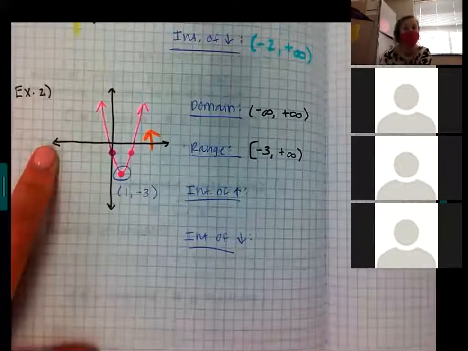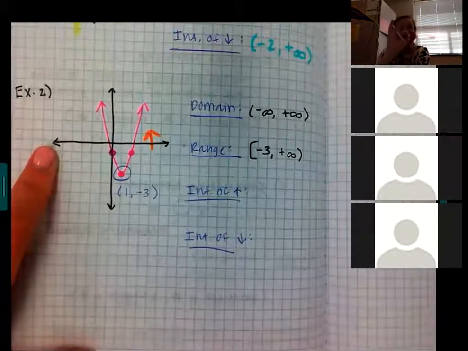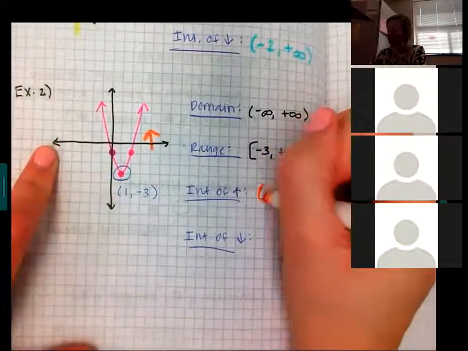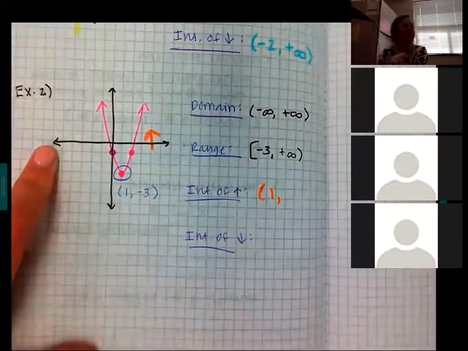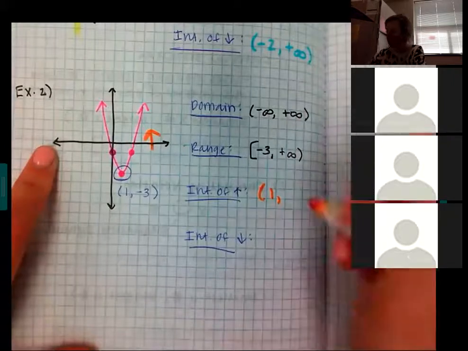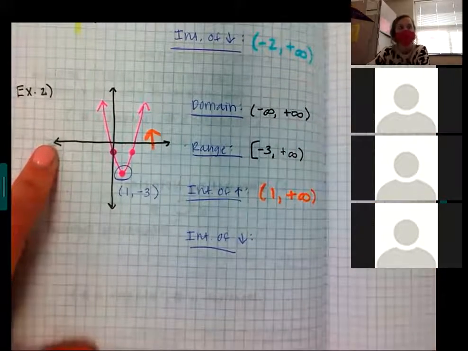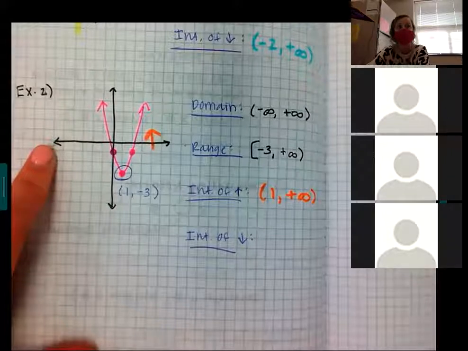Listen to the word I'm asking you, where does it start increasing? At 1. And what does it increase to, Carter, since it's going to the right? Positive infinity. Are you writing this down?